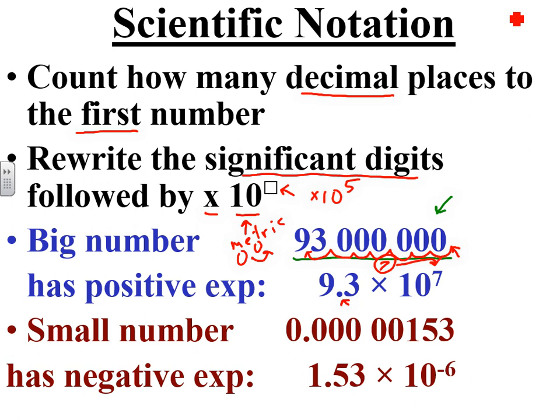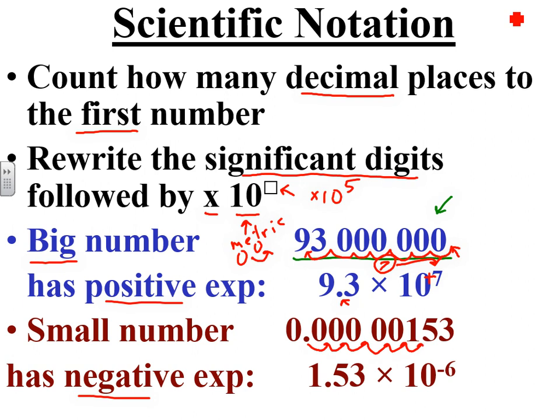So here it says big numbers, like 93 million, have positive exponents. You don't have to put a plus here, you could if you want, but just 10 to the 7th. Whereas small numbers will have negative exponents. So you take a number like this, you'll begin here, and then move until you get over to after the first number. And that was 1, 2, 3, 4, 5, 6. That was 6 times.